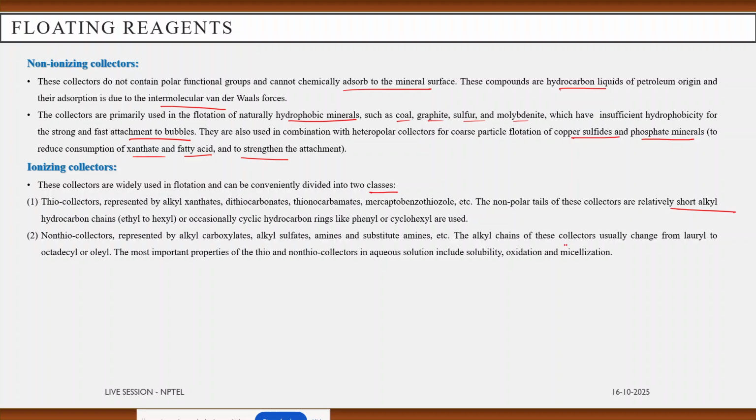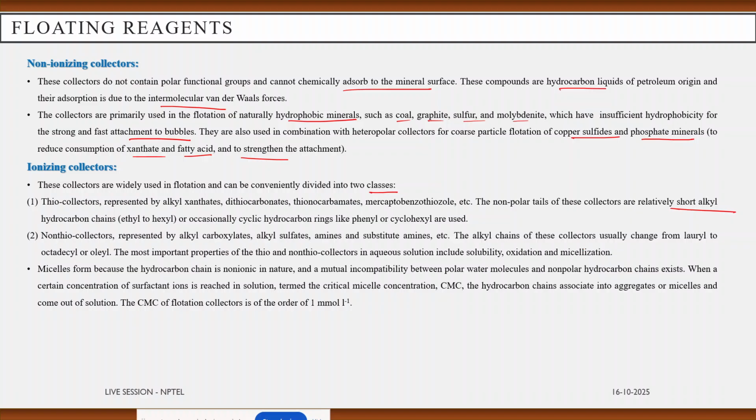The alkyl chains of these collectors usually range from lauryl to octadecyl or oleyl. The most important properties of the thio and non-thio collectors in aqueous solution include solubility, oxidation, and micellization.